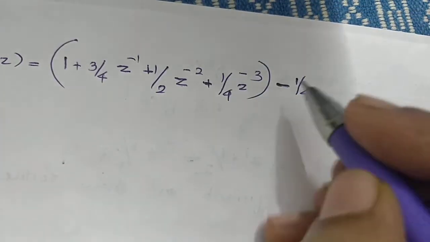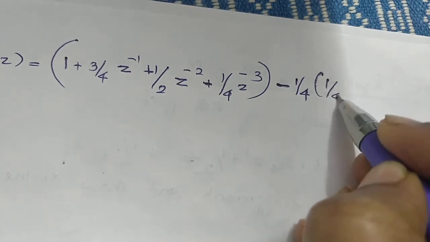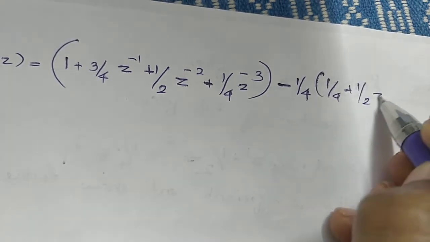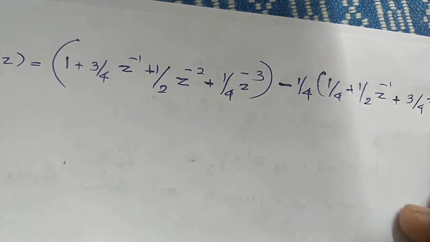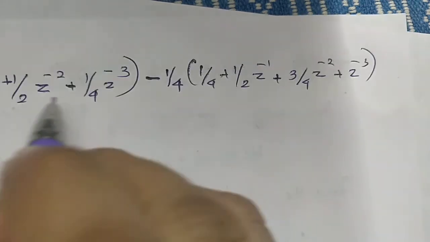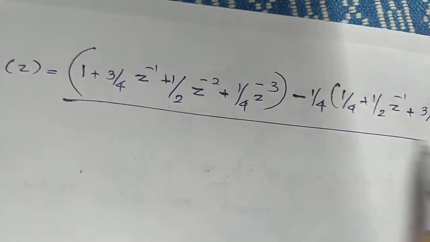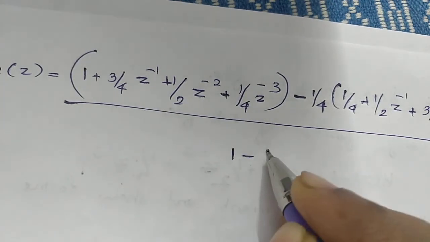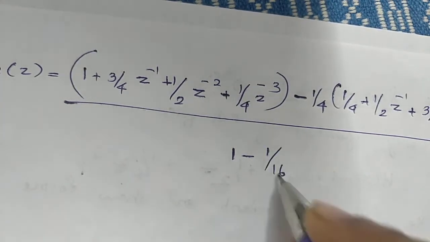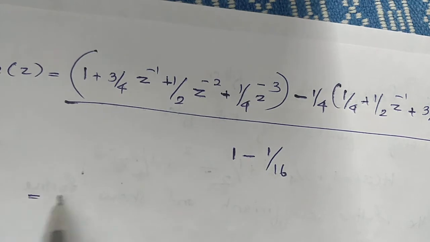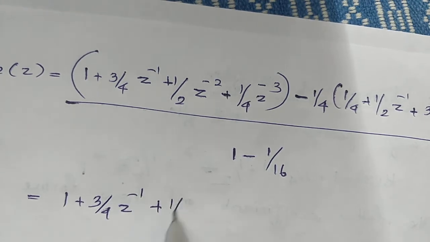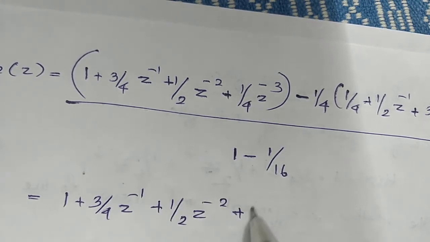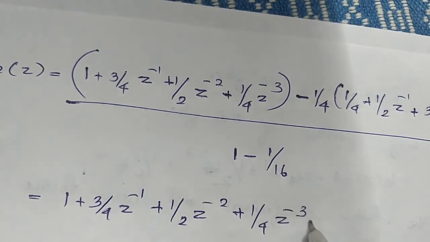That is 1/4 plus 1/2 z inverse plus 3/4 z raised to minus 2 plus z raised to minus 3, whole divided by 1 minus 1/4 squared, that is 1/16. While simplifying the equation, we get 1 plus 3/4 z inverse plus 1/2 z raised to minus 2 plus 1/4 z raised to minus 3.